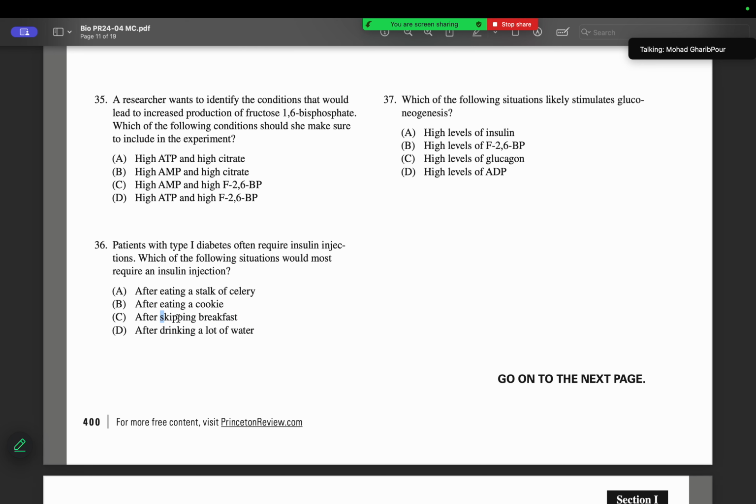But if you don't have high levels and then suddenly you inject yourself with insulin, then even that low amount of sugar in your bloodstream is going to be removed, and that's also very dangerous for you. So this is the opposite of what we're looking for. After drinking a lot of water. Water, no sugar, so not that one. So it's B.